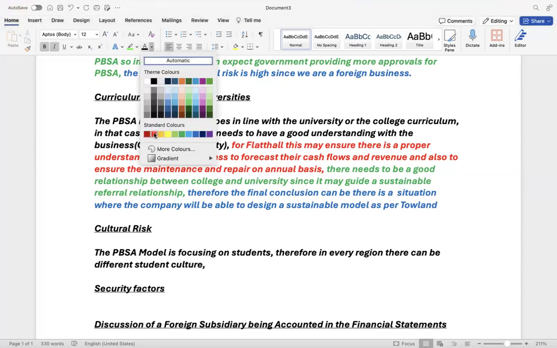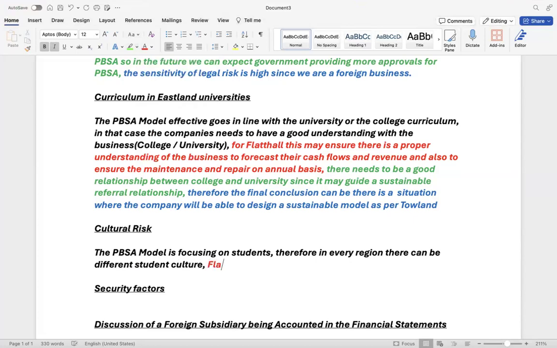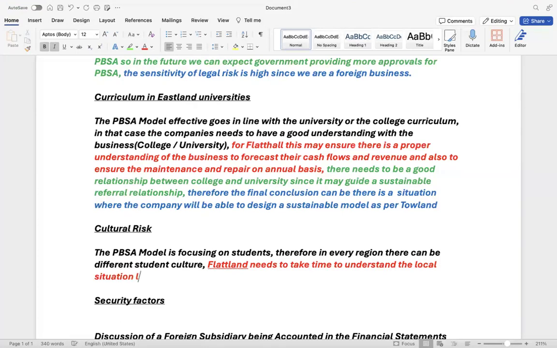Now, students, I'll just write down Flatland needs to take time to understand the local situation, like can students come to college, come to PBSA at late hours? Is it allowed?